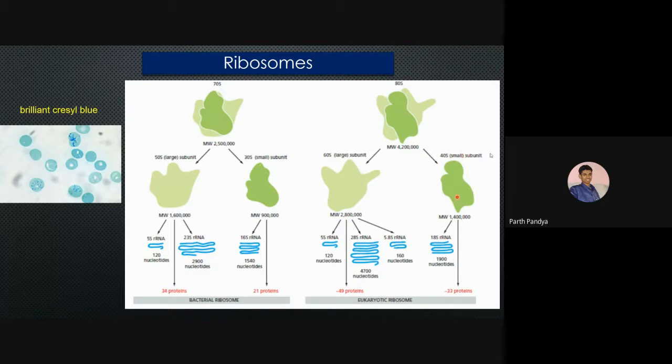So the smaller unit, that is the 40S ribosomal subunit, comprises only a single rRNA, that is 18S rRNA. It has been presumed, and also experimentally proved, that this sequence of 16S RNA is converted to the 18S RNA form with the addition of more nucleotides, due to which the molecular weight increases.